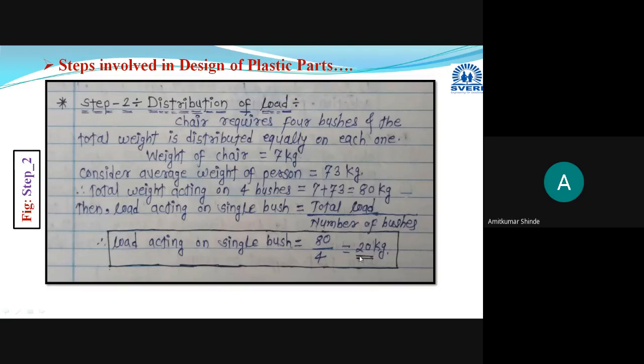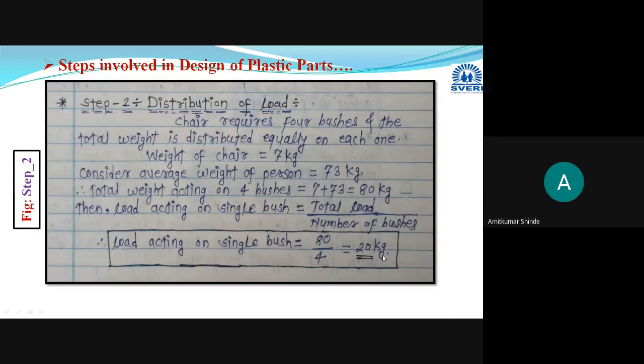This value will be different according to your assumption of the weight of the person sitting on the chair. As this is a design problem, and the problem statement does not mention the weight of the person sitting on it, you can assume an approximate value and calculate the load acting on a single bush.